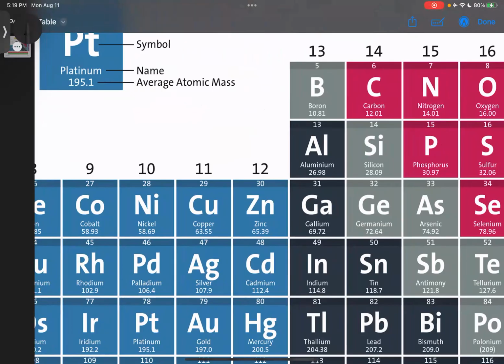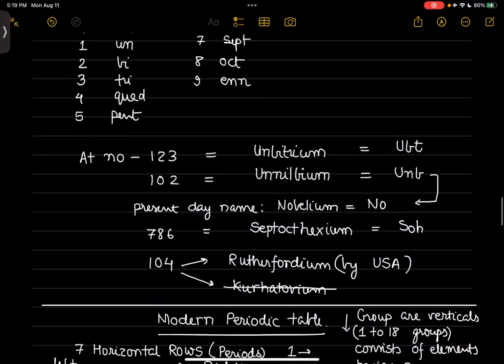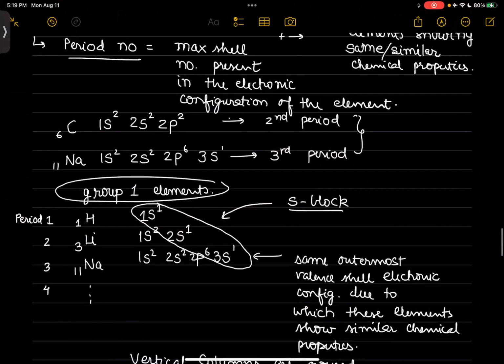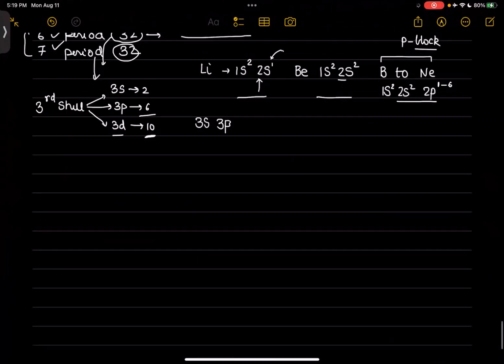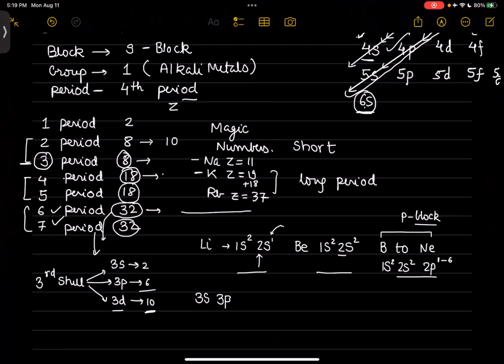So what you can do is just write the order of energies of the subshells which are being filled. Is it clear? Yes. Like 1S, 2 elements, then 2S and 2P in the second period, 8 elements, then 3S and 3P, 8 elements, then 4S, 3D, 4P.